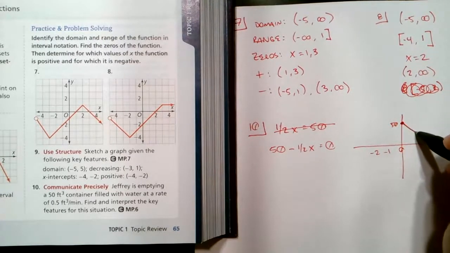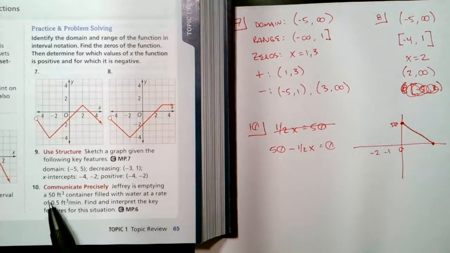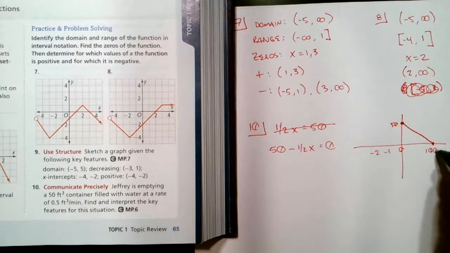And then I'm losing 1/2 per minute, 1/2 gallon per minute, or 1/2 cubic foot per minute. So this would be going down, and then it would end up at, I think just because the math is pretty easy, I can do this in my head.